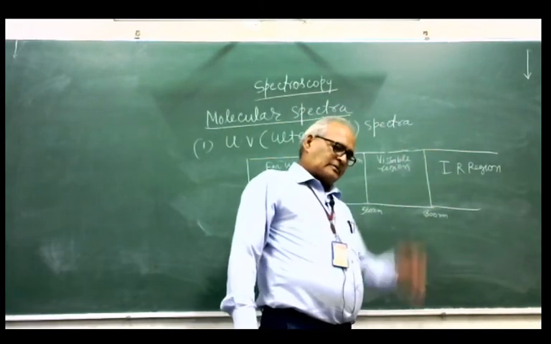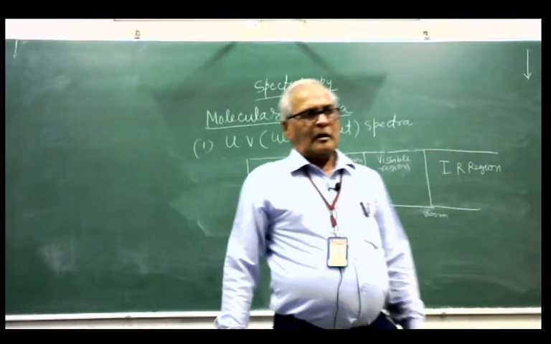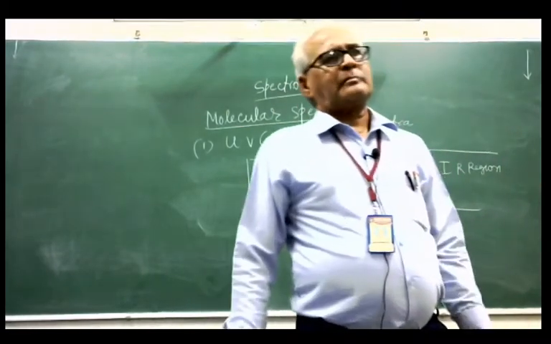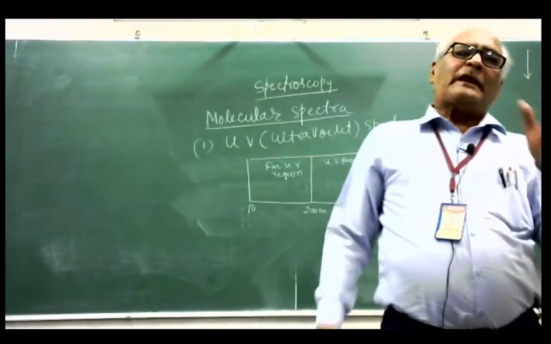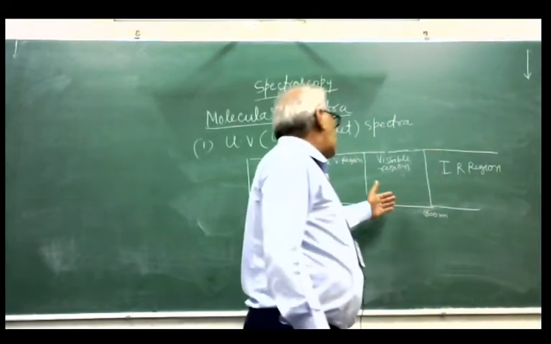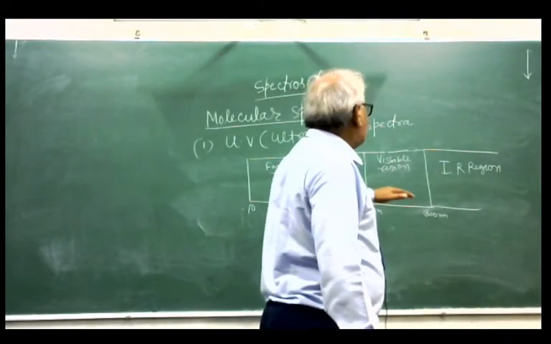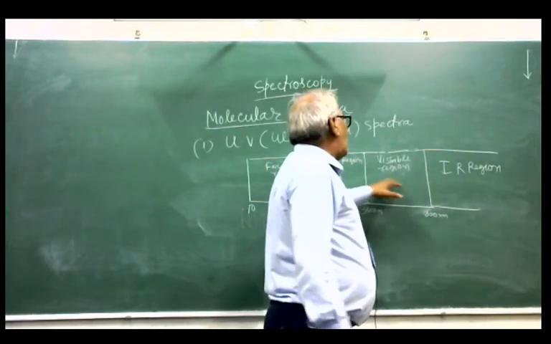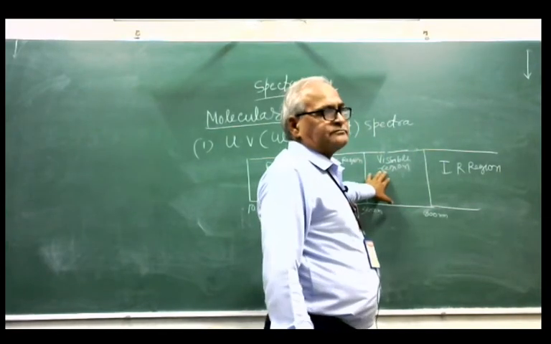All colors, violet to red, have wavelengths in this region, and that is why this is known as the visible region.